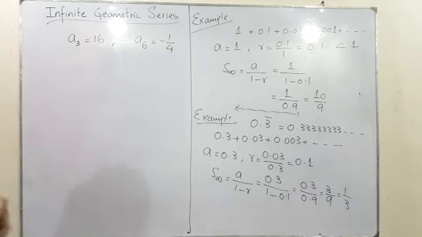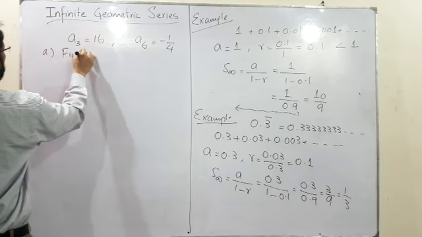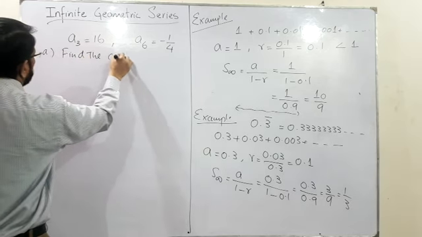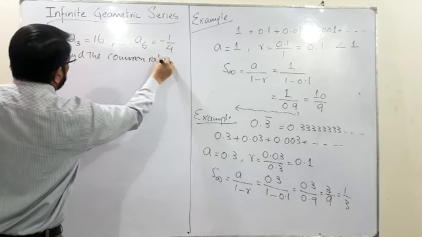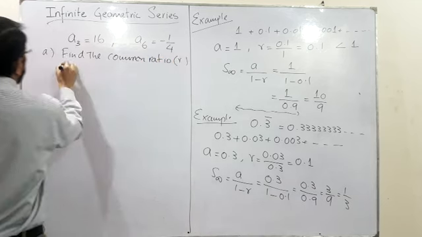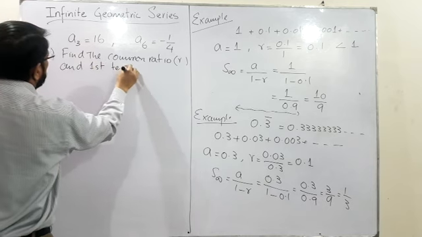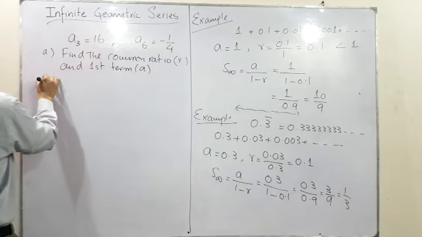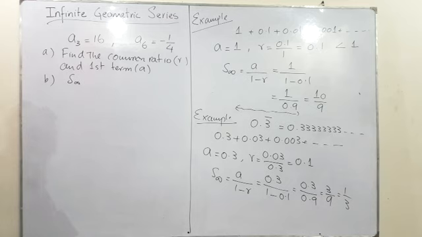This is the information given to us. He is asking us to find the common ratio, that means r, and the first term, that means a. And in the second part he is asking what is the sum to infinity.